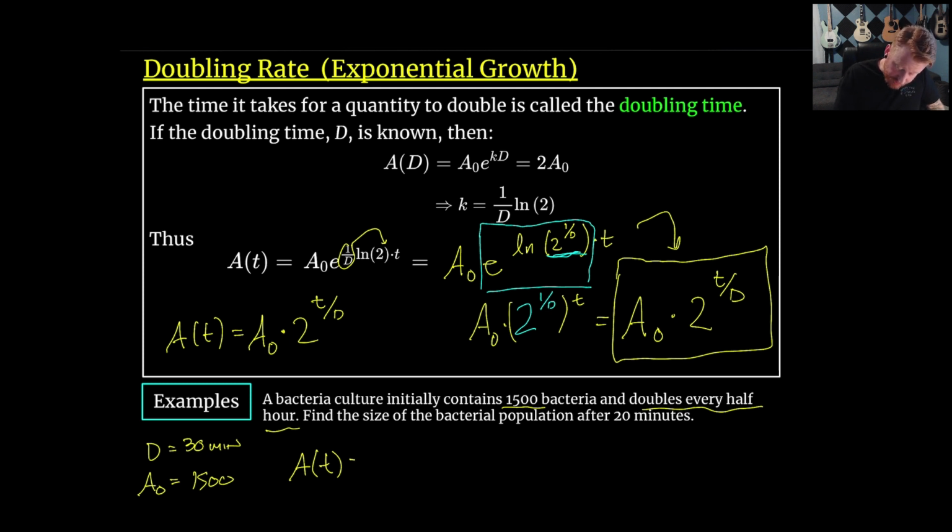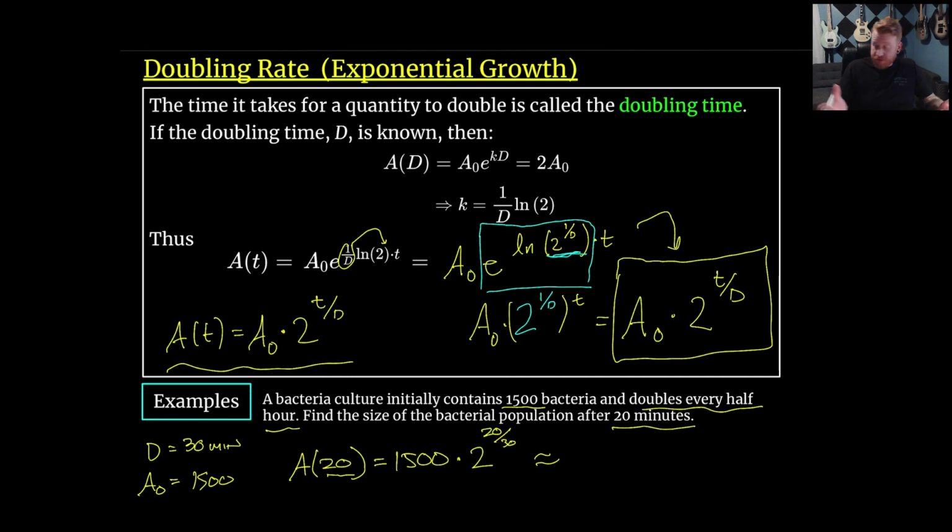What we want to find here is A of 20. What we're asked is to find the population after 20 minutes. So if I'm plugging 20 into our formula up here, our initial amount is going to be 1,500. And then we want to do 2 raised to the 20 minutes is the time that we're plugging in, divided by the doubling time.